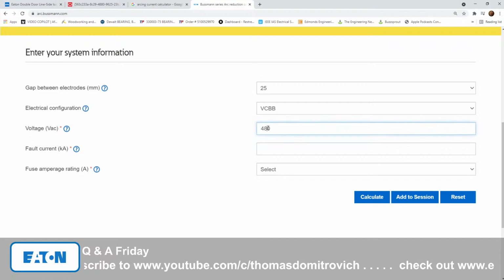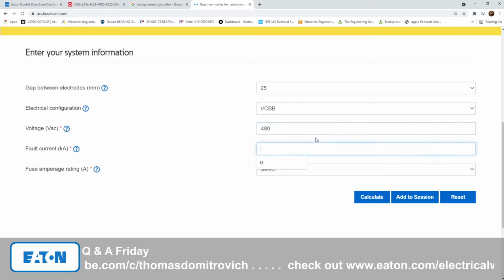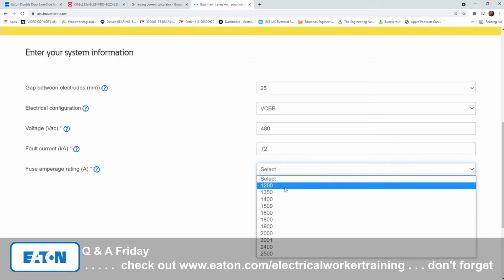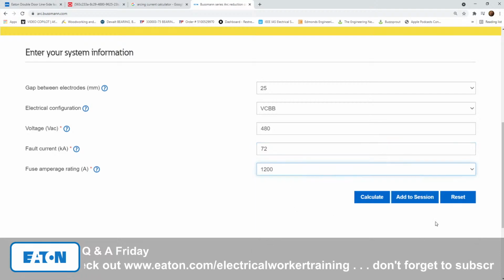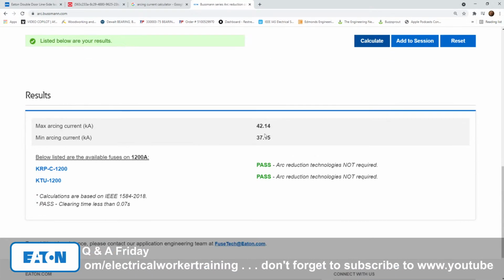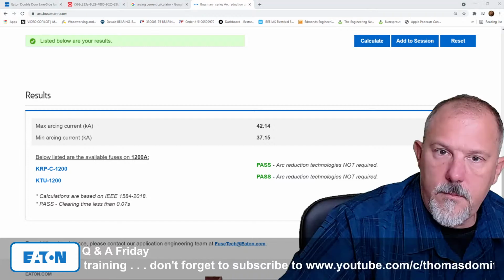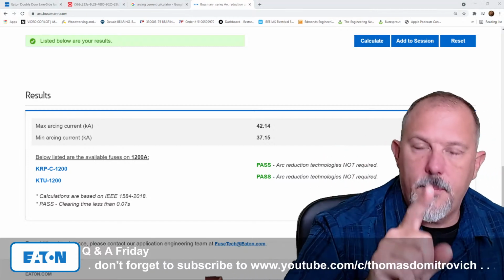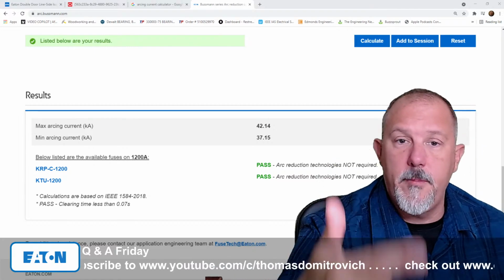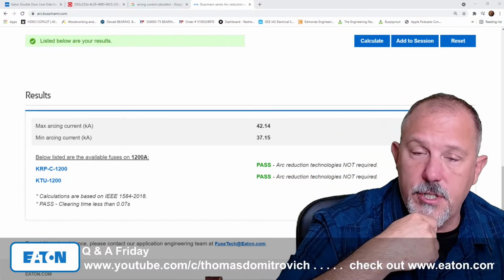Then you have the voltage that you're at. So if we say 480 volts, what's your fault current? Say 72 kiloamps, and for fuse ampere rating, say we pick a 1200 amp fuse and we say calculate. These values are based upon the 2018 version of IEEE 1584. You have a maximum and minimum based on all the parameters that you just put in.